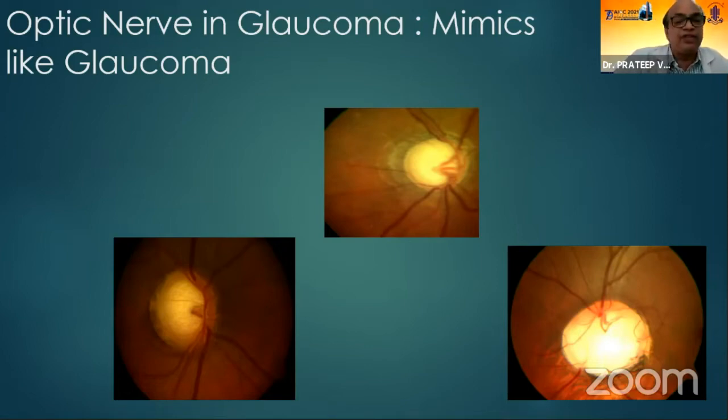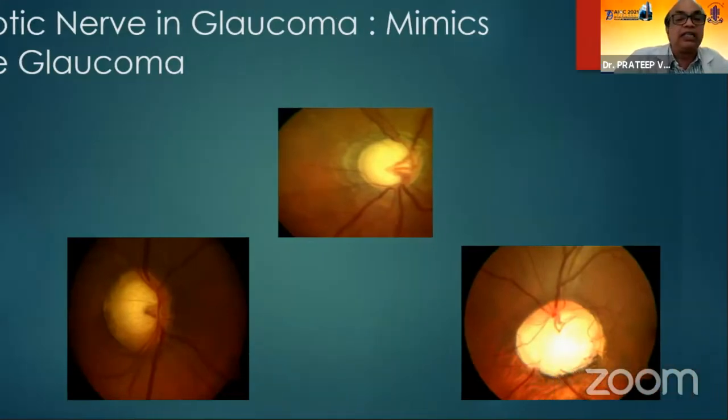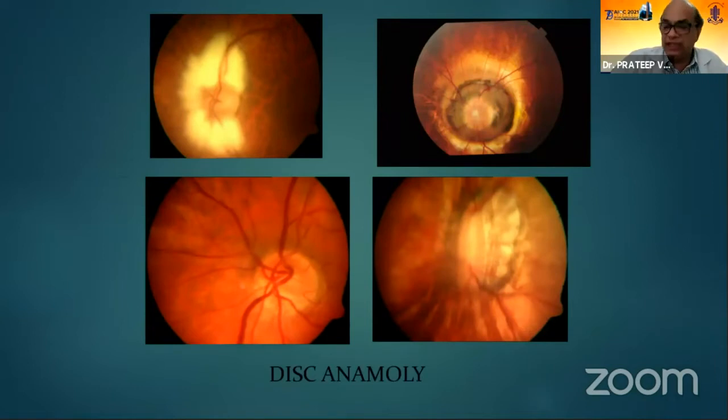So we have to differentiate between the glaucomatous disc and the disc suspect. That is very, very critical. Otherwise, unnecessarily, either we will treat the patient or we will misdiagnose the patient. And there are n number of discs which may mimic a glaucoma, and it is very, very difficult for all of us to diagnose whether they have a glaucoma or they do not have a glaucoma.